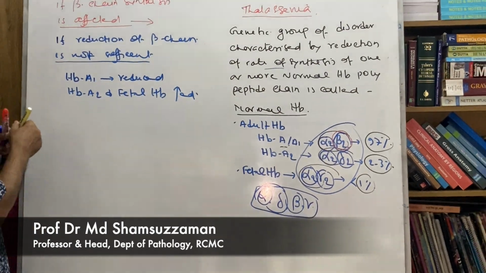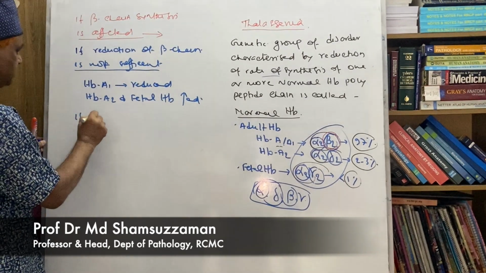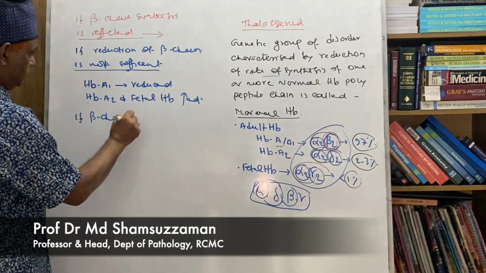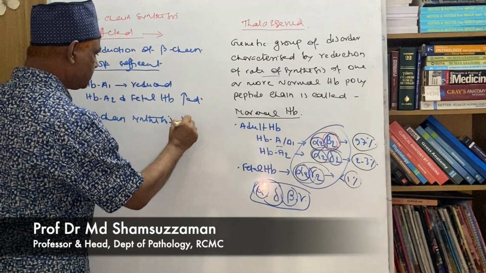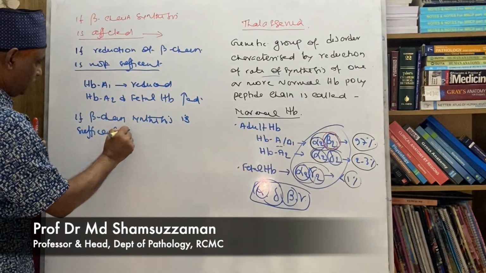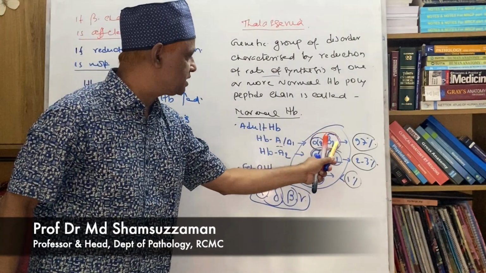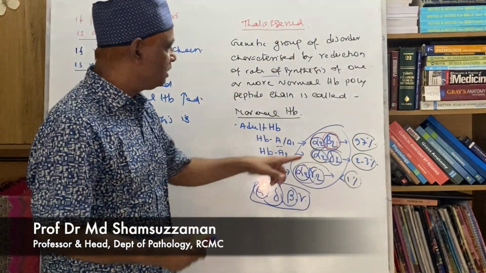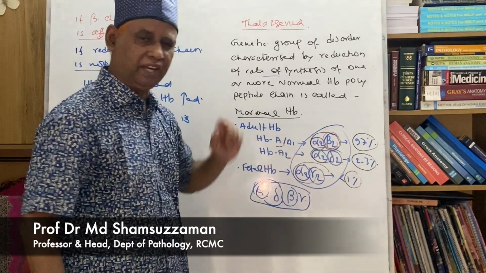And if beta chain synthesis reduction is sufficient, then what will happen? If sufficient reduction of beta chain, the alpha will not get any beta in that case, so alpha will be aggregated.